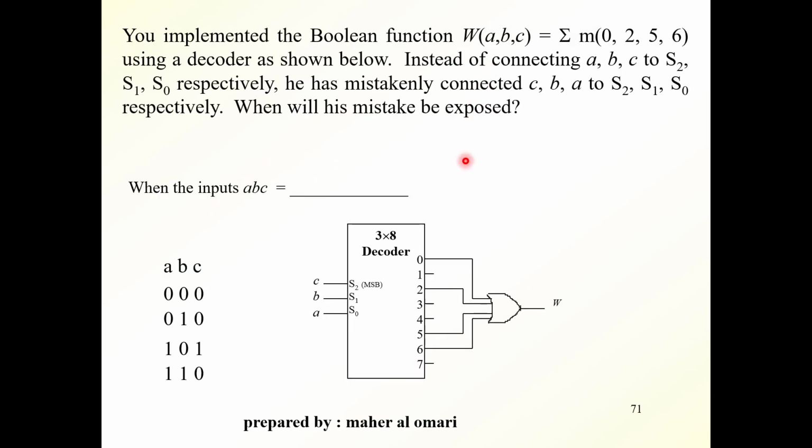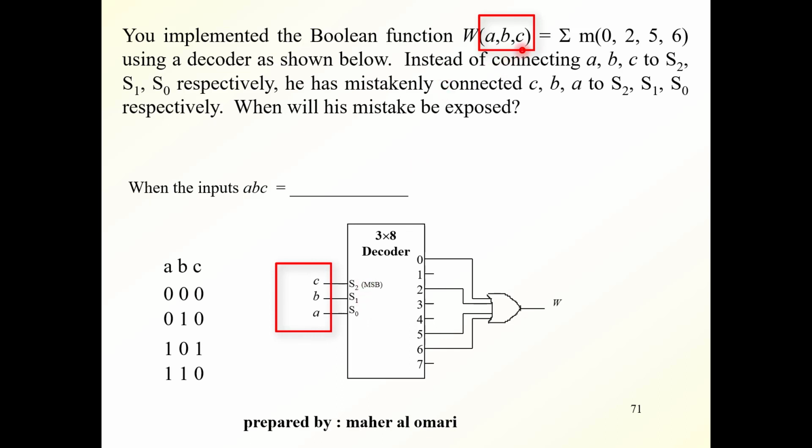Suppose that you were asked to implement the function W with the domain ABC, sum of minterms 0 to 5, 6, using a 3 to 8 decoder. What you would do is connect the domain to the select lines of the decoder.